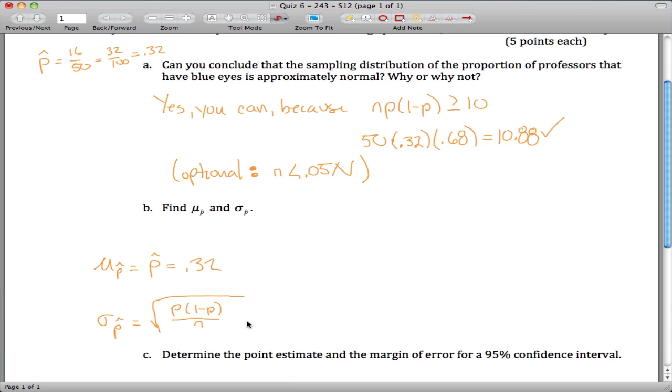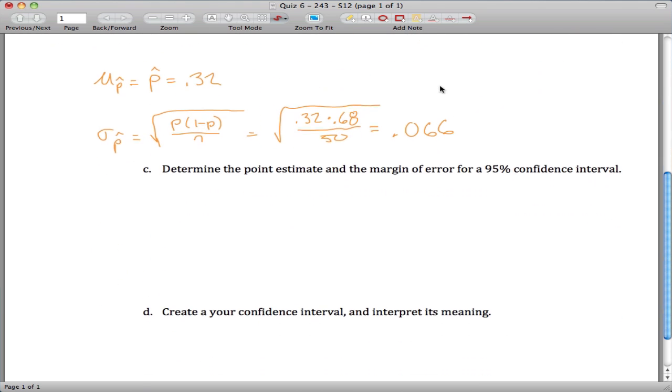Unfortunately, we don't know what p is, but we'll estimate it using p hat. So it's the square root of 0.32 times 0.68 divided by 50, which is equal to 0.06596. Maybe we'll call it 0.066. So that's all for part B.